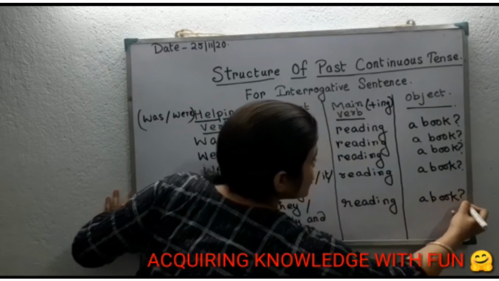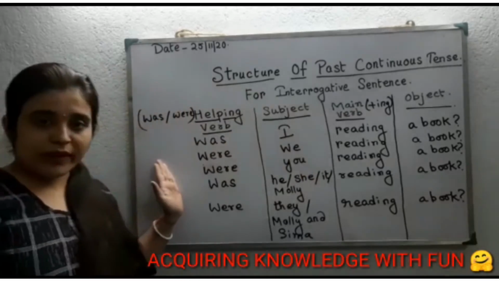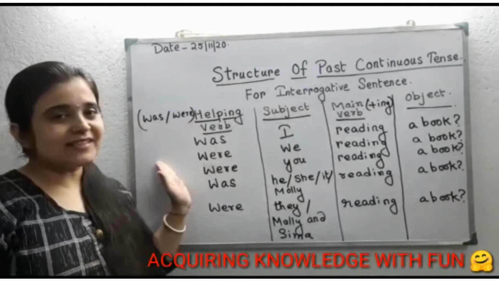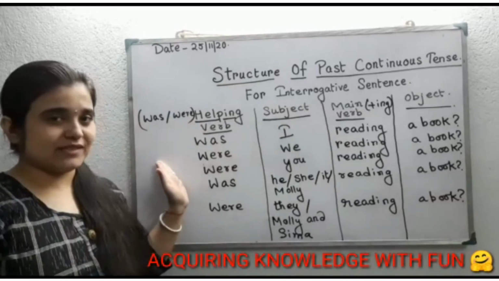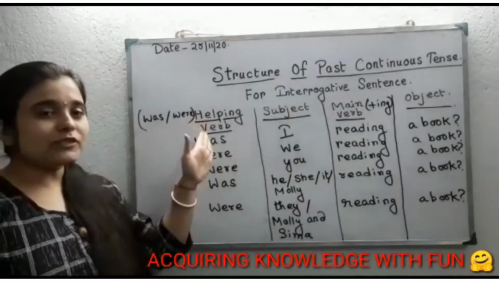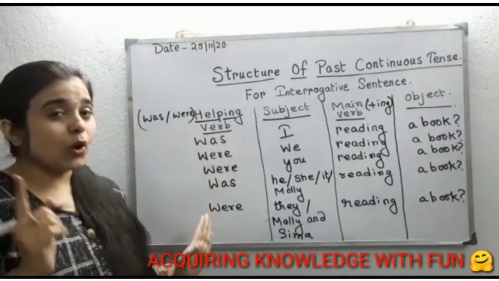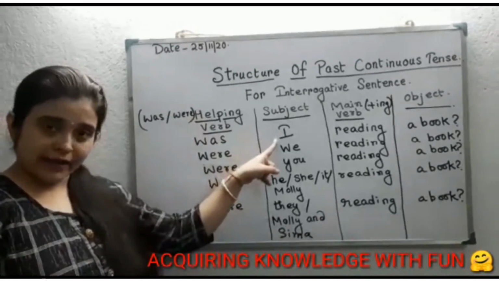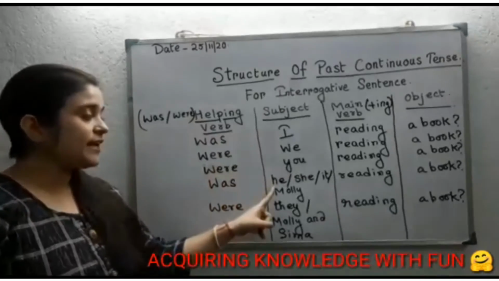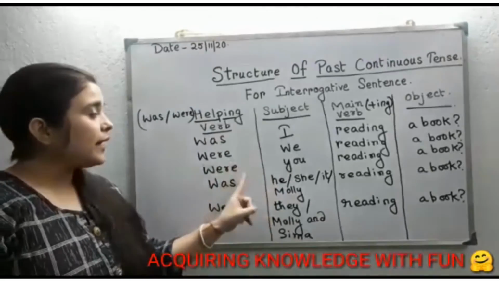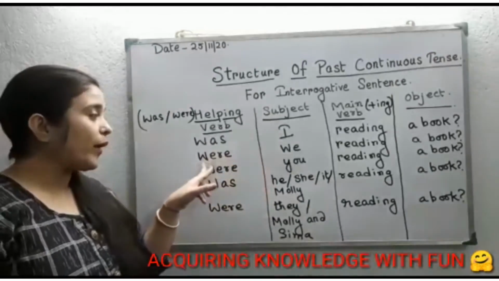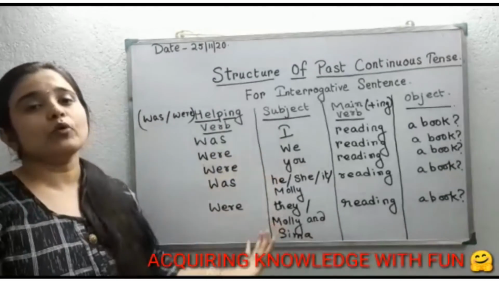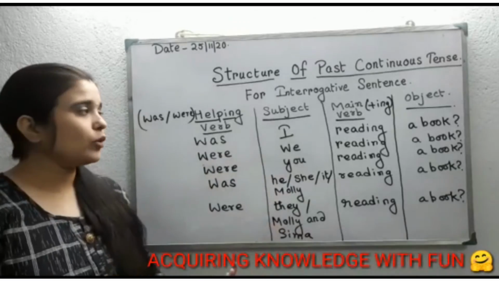Okay. So this is the trick to frame interrogative sentence in past continuous tense. First, you need to put helping verb, and always remember you have to use was with I, he, she, it, Molly. Else, we have to use were with we, you, they, and plural nouns. Simple. Okay.